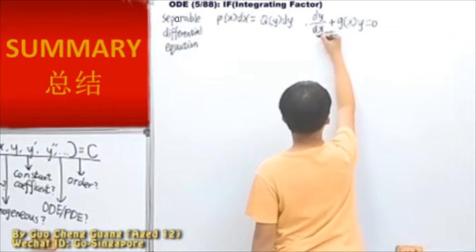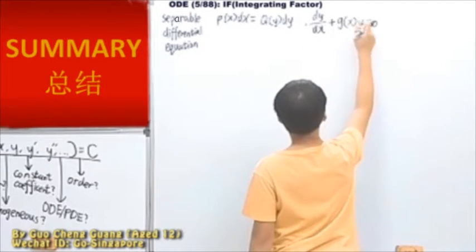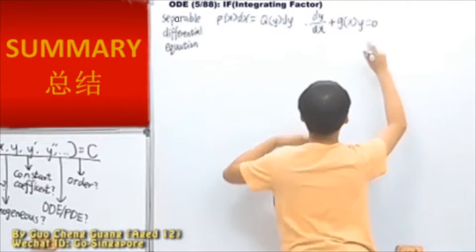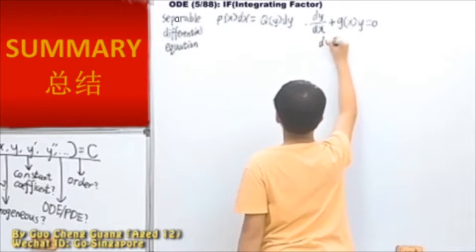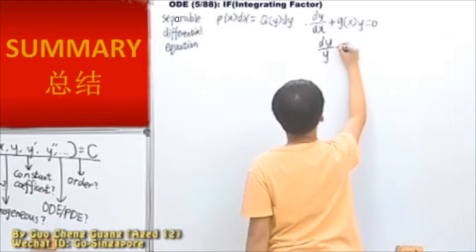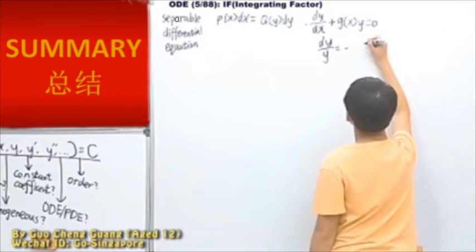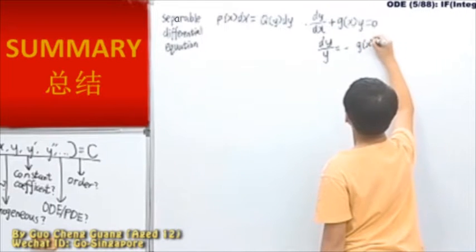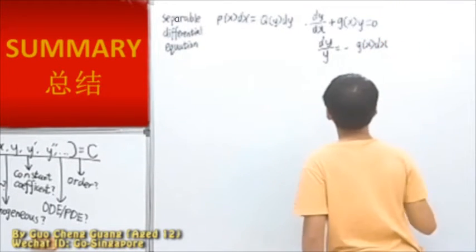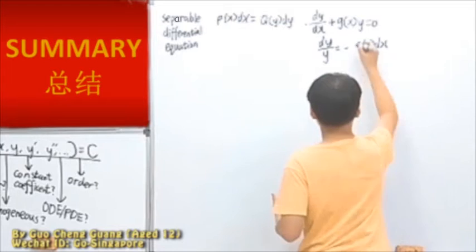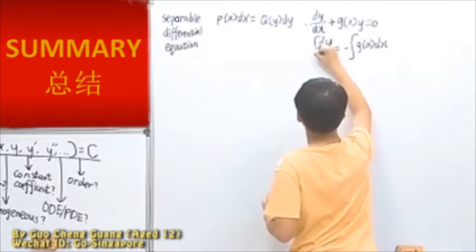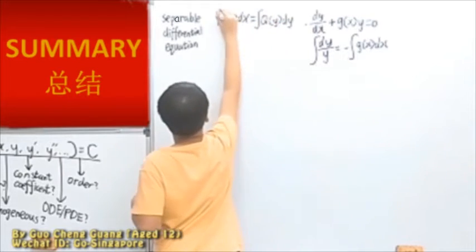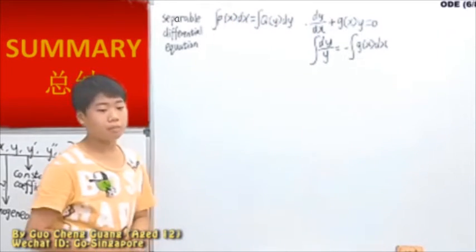At this part, you move this to the other side, then some parts you divide back. After that, we'll integrate on both sides, same as for these two cases. We'll integrate on both sides.